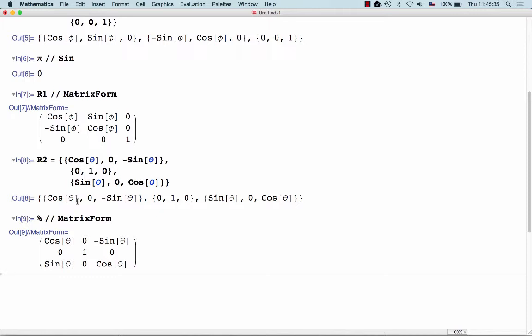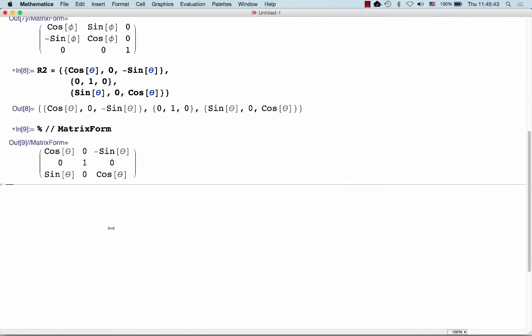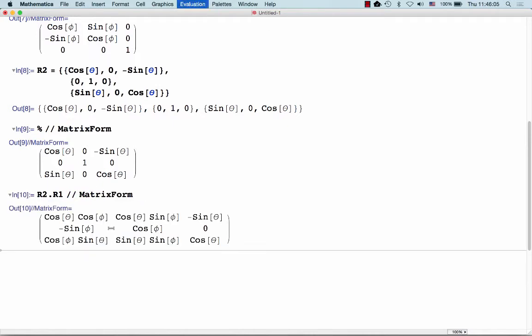So if we want, we can go ahead and multiply the two matrices. And the way Mathematica thinks of it is as a dot product. This comes from playing with tensors. So we can get our general rotation matrix by saying R2 dotted with R1. And then we'll go ahead and put the results straight into matrix form just so we can read it.